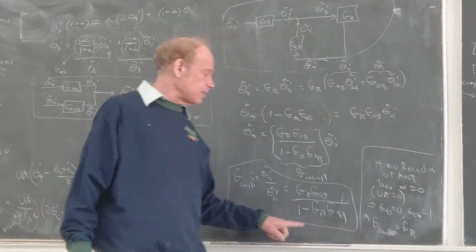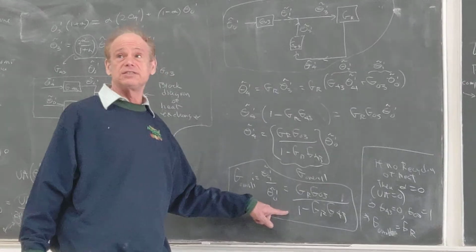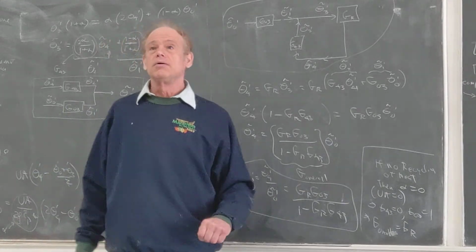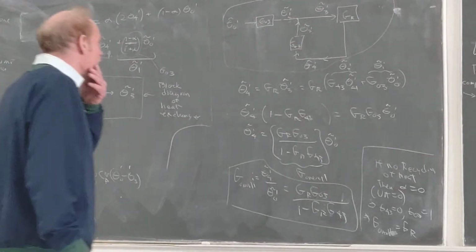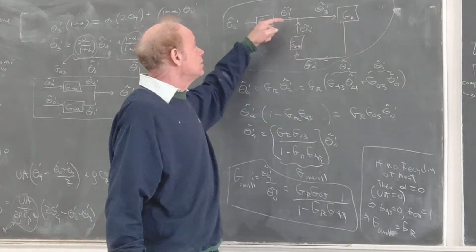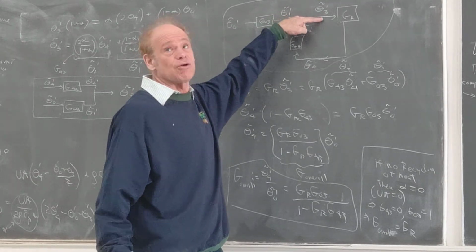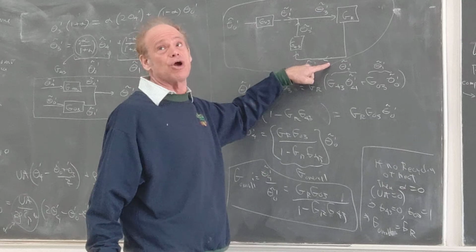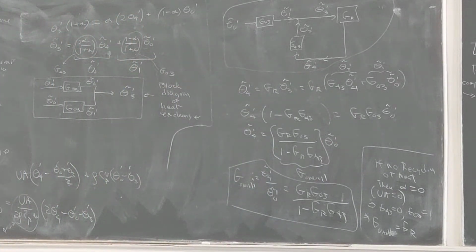GR has a different denominator than this does. So I've gone from this denominator to this denominator. Moreover, what's happened? I have a system that's interacting because the temperature coming in here, theta 0 3, depends on the temperature going out. So it was like that tanks problem where Y3 influenced Y2.